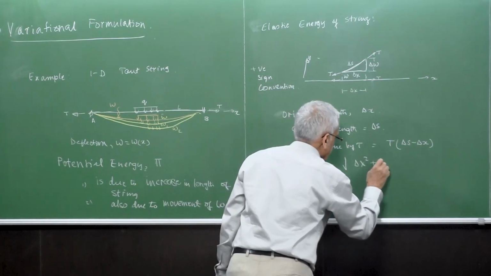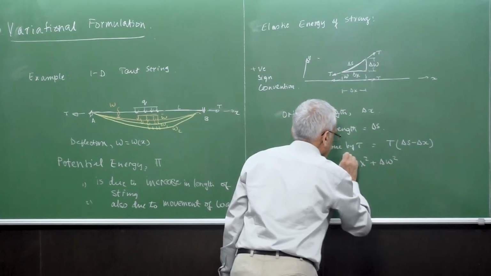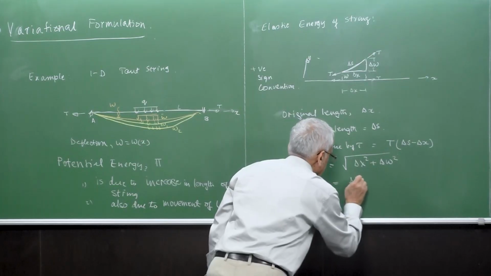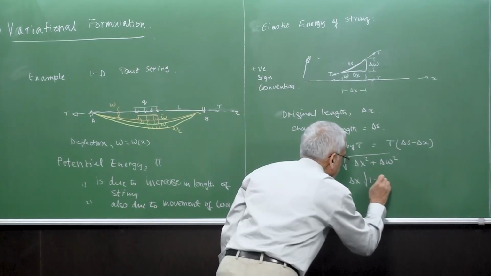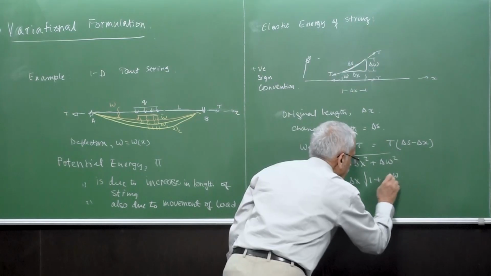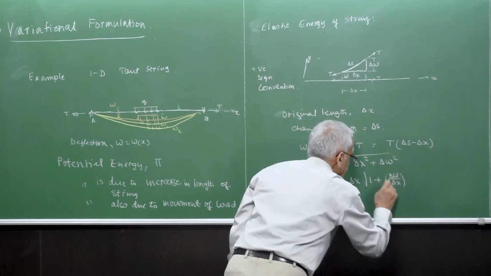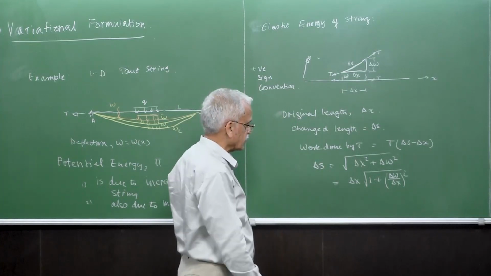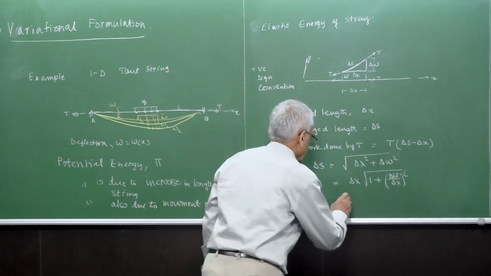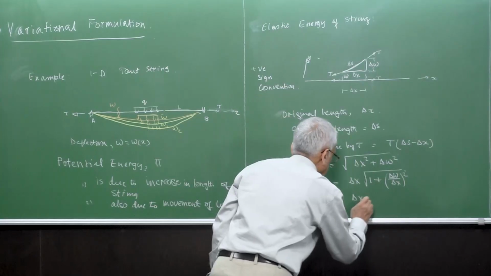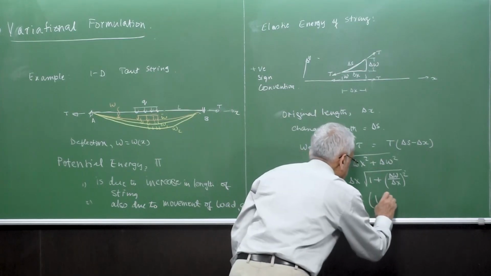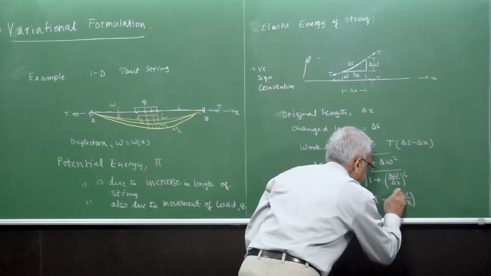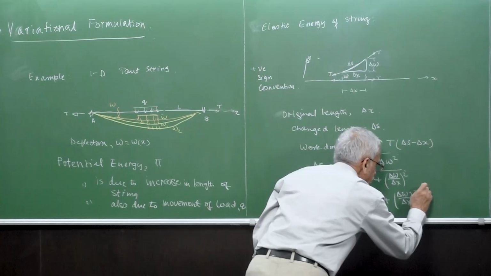So delta s can be written as the square root of delta x squared plus delta W squared, which we can write as delta x times the square root of 1 plus (delta W by delta x) squared, that is, 1 plus the quantity to the power of half.